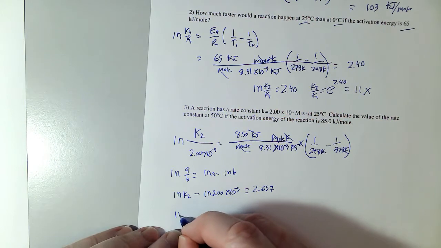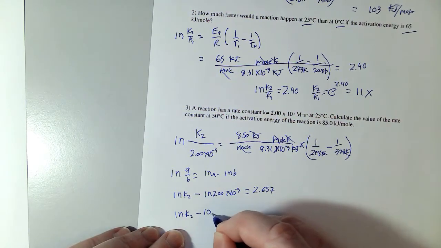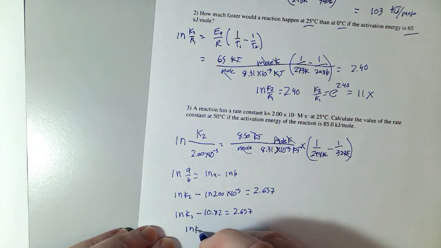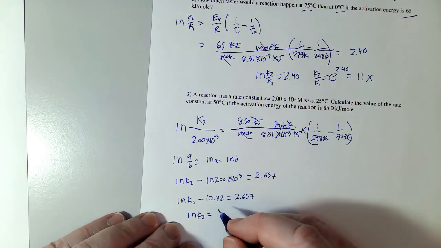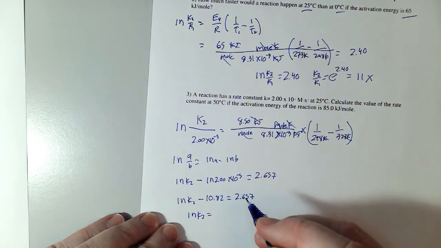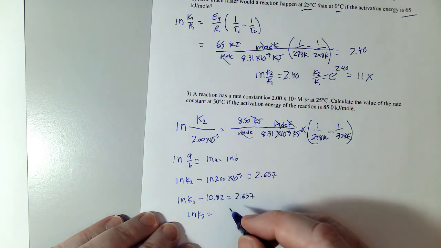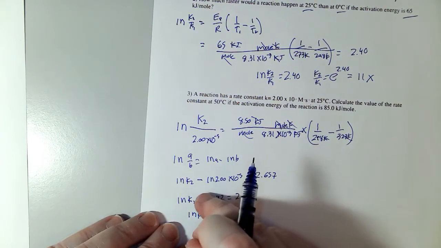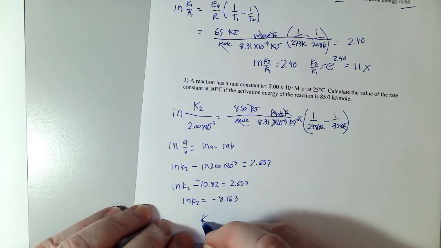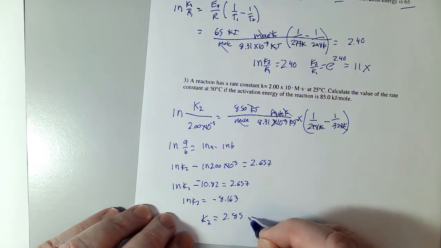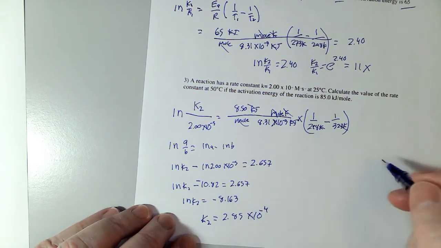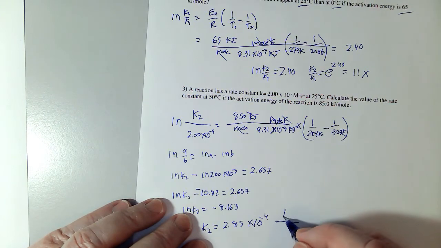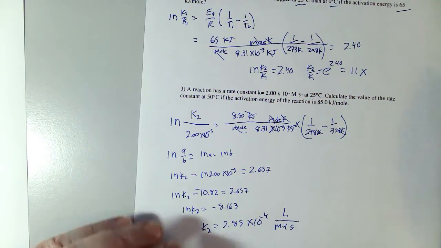So the ln of K2 minus 10.82 equals 2.657, or the ln of K2 equals, and then we move that over to the other side, move stuff around, ln of K2 equals negative 8.163. That's actually a negative, sorry. So K2 equals 2.85 times 10 to the negative fourth. And they told me the unit was per molar per second, which is the same as saying liter over mole second.